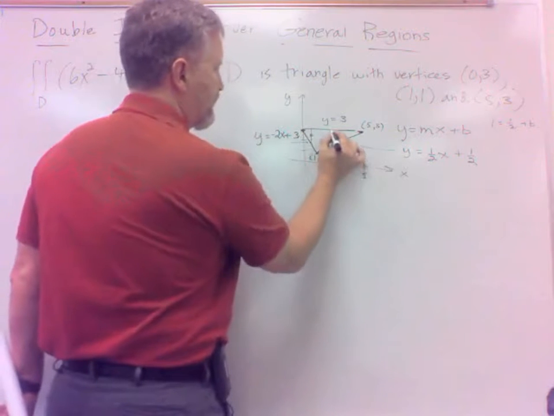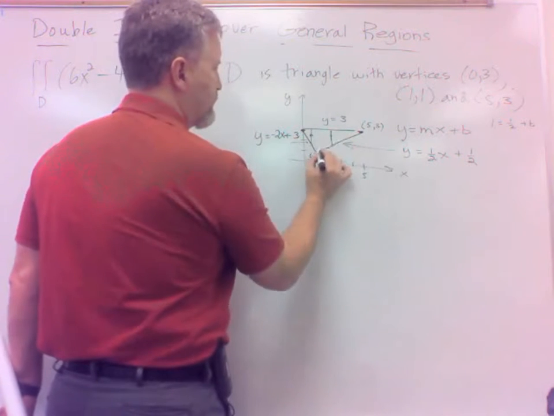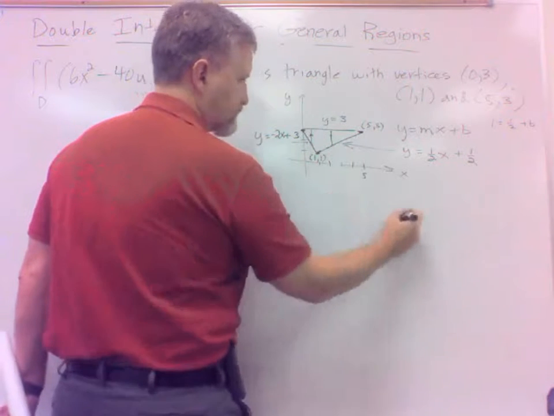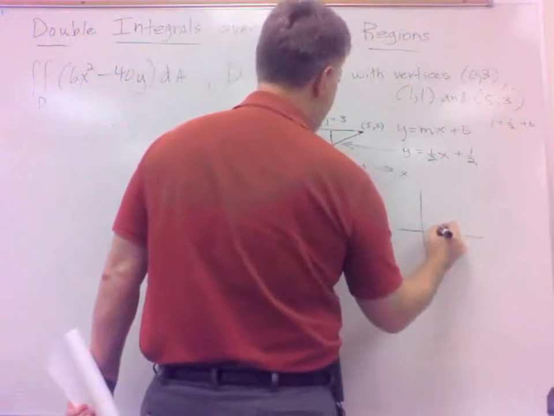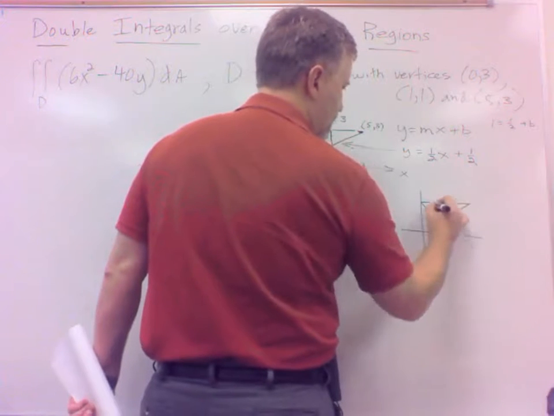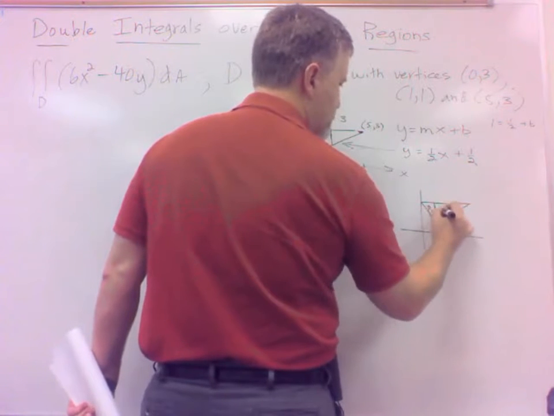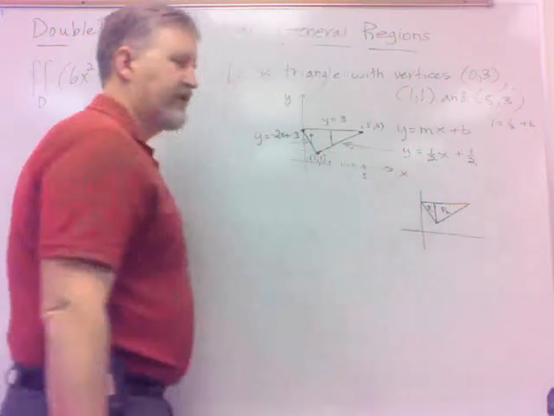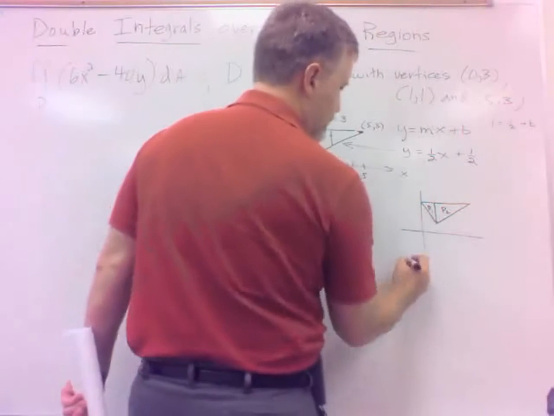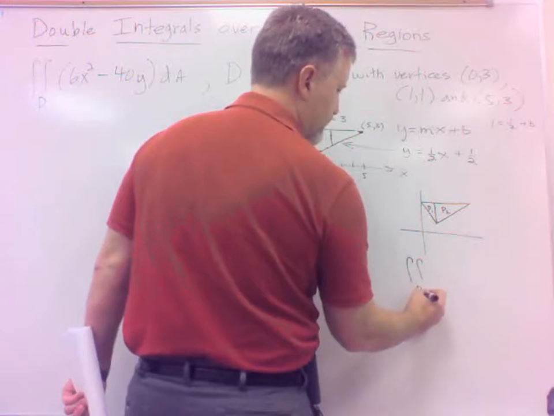So here's what I would have if I did the x's first: I would have to divide this up into two regions, D1 and D2. What that means is I would have to do two double integrals.